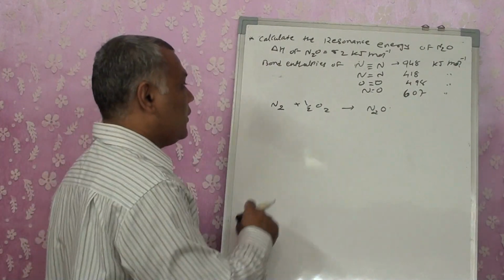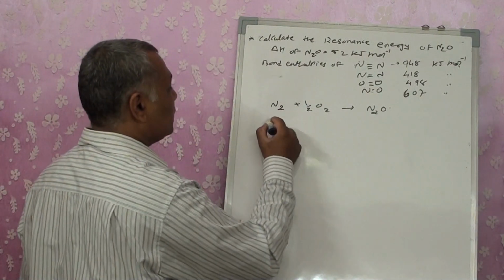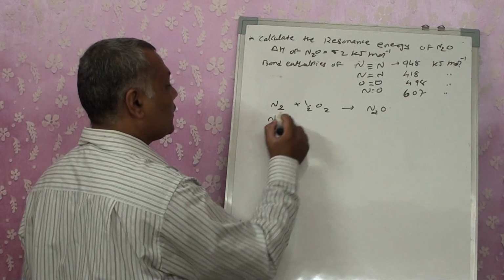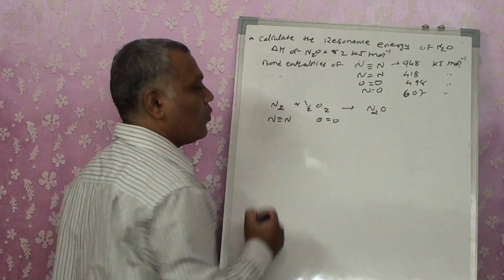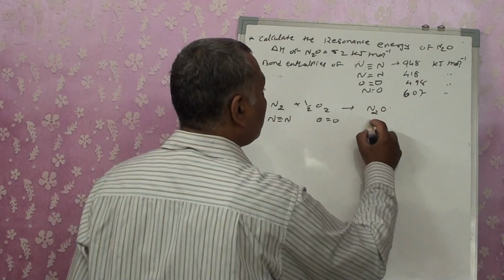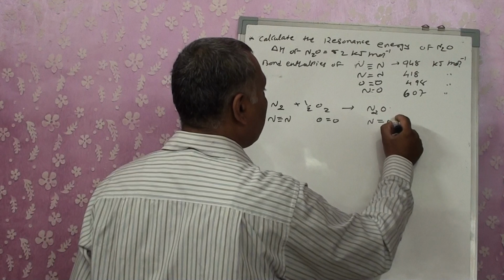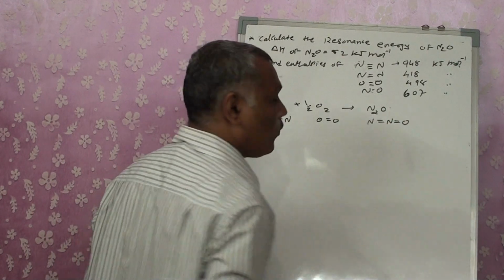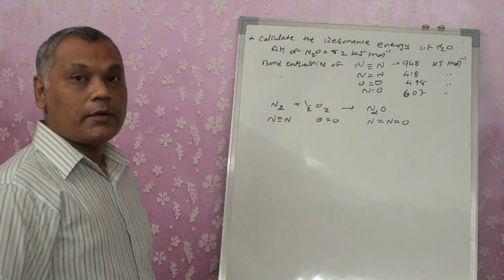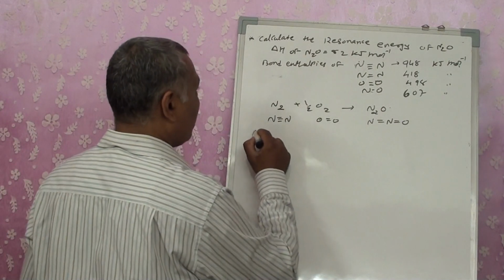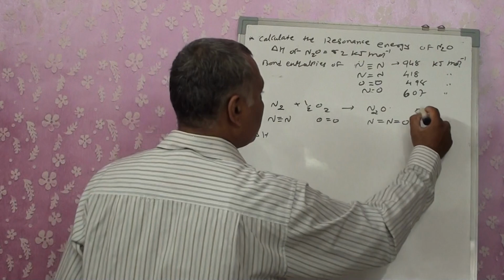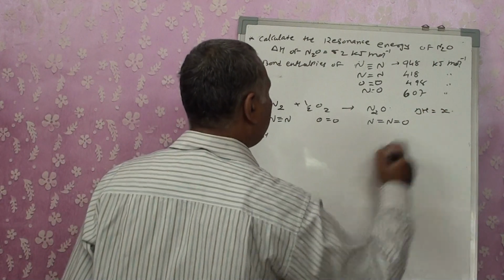Now specifically, when we go for the structure, this is N triple bond N, this is O double bond O. What will be N2O? We will be having it as N double bond O. Right? So we want to calculate the delta H for it.